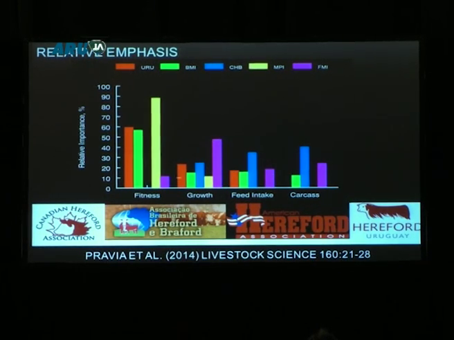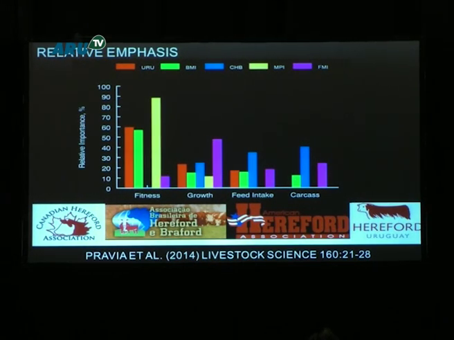Growth traits, actually, with the exception of the Feedlot Merit Index, are of somewhat similar emphasis across all the indexes. Feed intake, where it's used directly, is also of somewhat similar emphasis, more in CHB because CHB has fewer traits in it, and therefore individual traits have opportunity to make greater contribution.